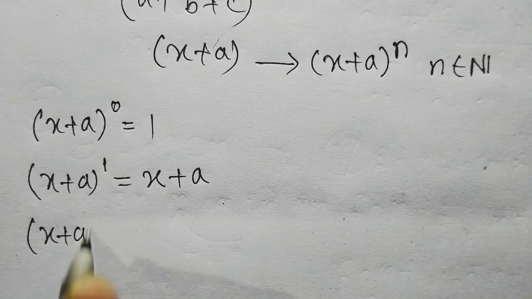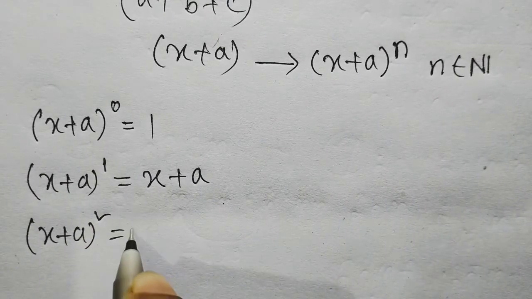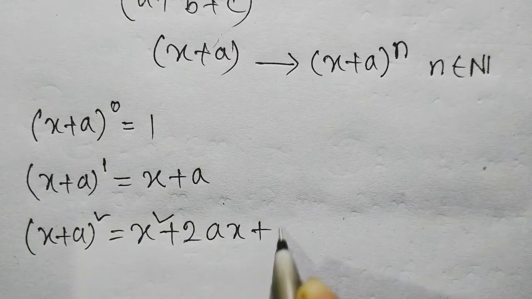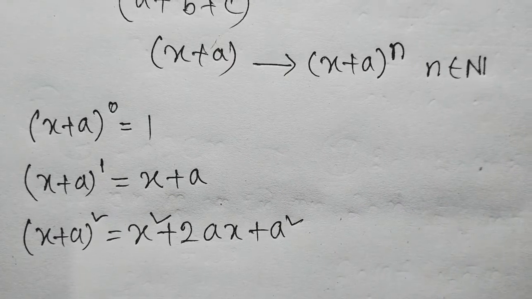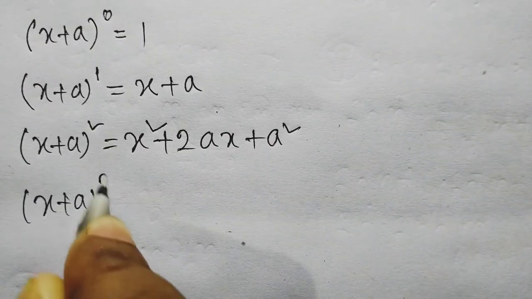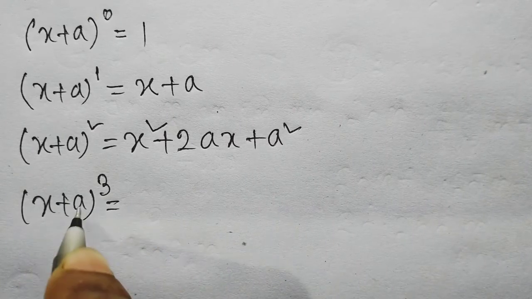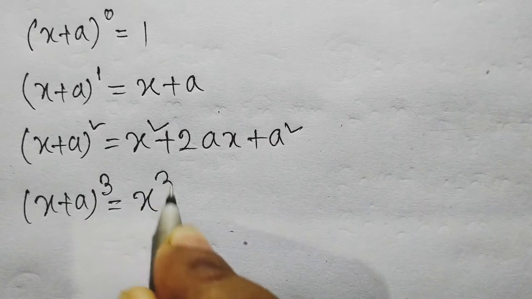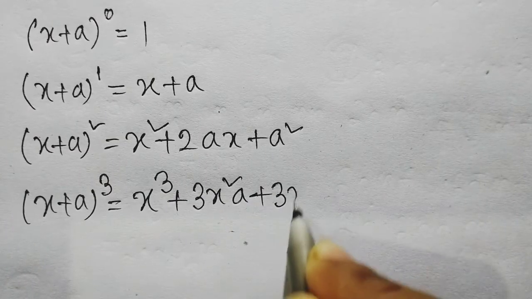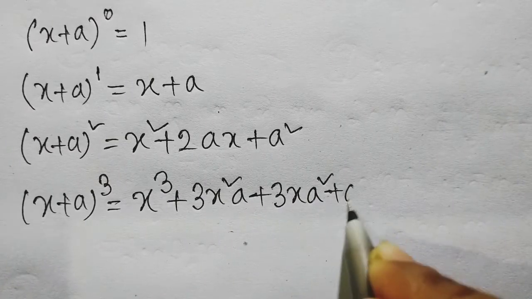Similarly, x plus a whole square is x square plus 2ax plus a square, and x plus a whole cube is x cube plus 3x square a plus 3x a square plus a cube.